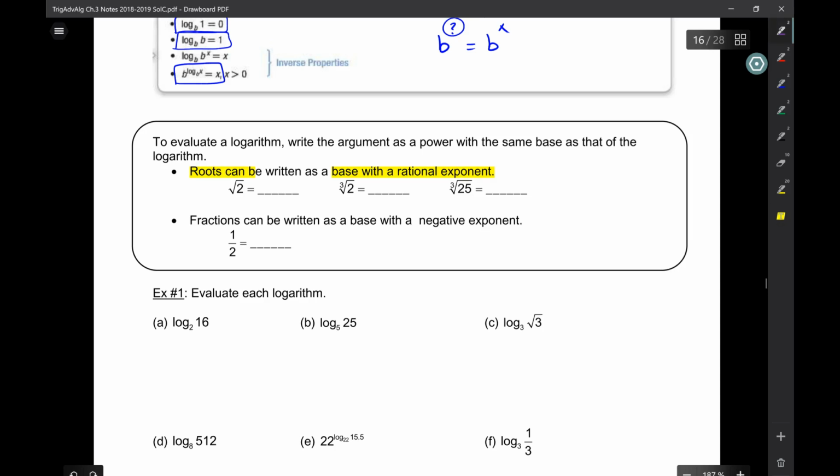If I have the square root of 2 here, or square root of any number, there is an index here of a 2. Now, I can rewrite this as the base 2 to the power of 1/2. So roots always give you a fractional exponent of 1 over something.